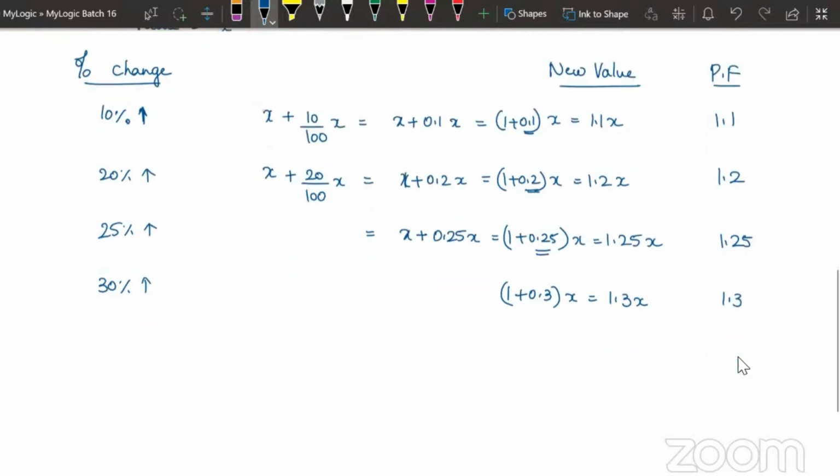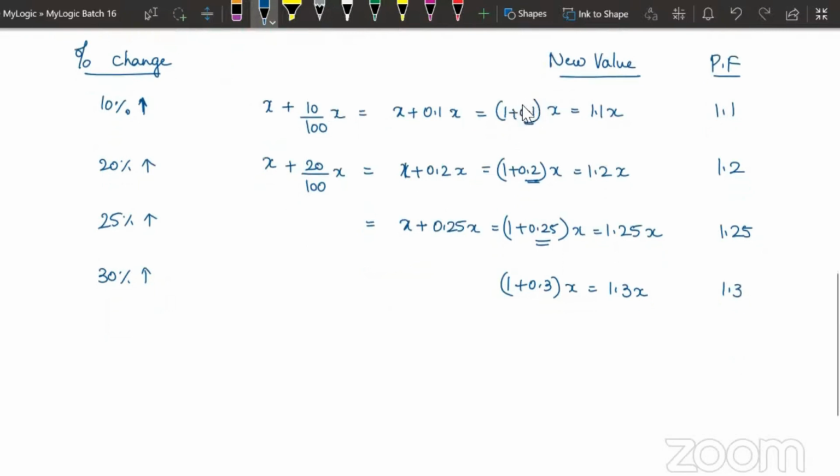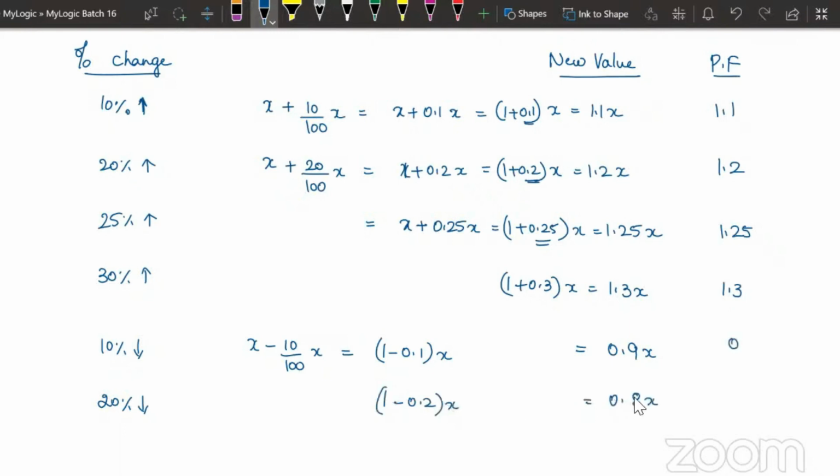Suppose there is a decrement. Then we will have to subtract this decimal part from 1. So suppose we consider a 10% decrement. It means from x, I am subtracting 10% of it, which gives you 1 minus 0.1 into x, which is 0.9x. Similarly, if there is a 20% decrement, then we are subtracting 0.2 from 1, so the percentage factor is 0.8.